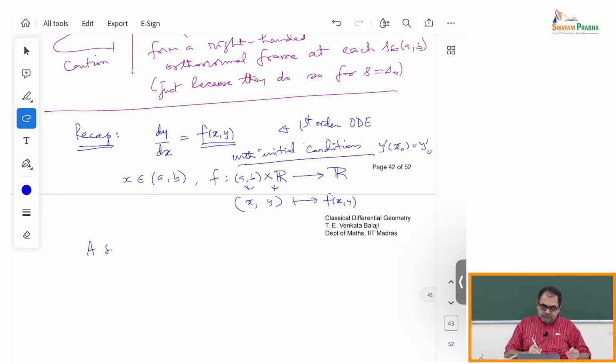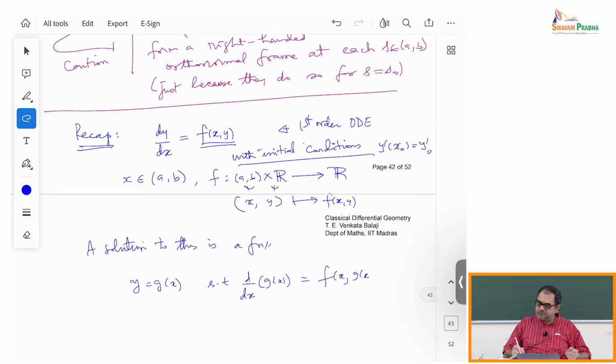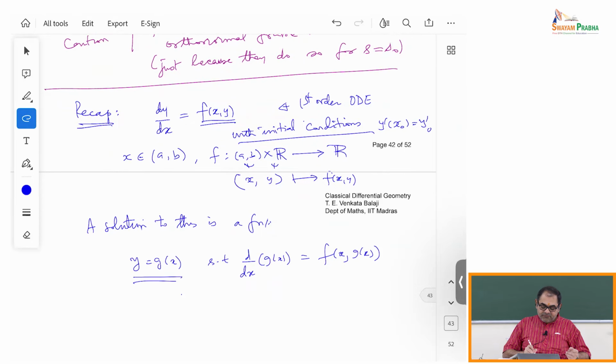A solution is a function y equal to g of x, such that d by dx of g of x is equal to f of x comma g of x, for all x. So basically you are trying to find a curve.